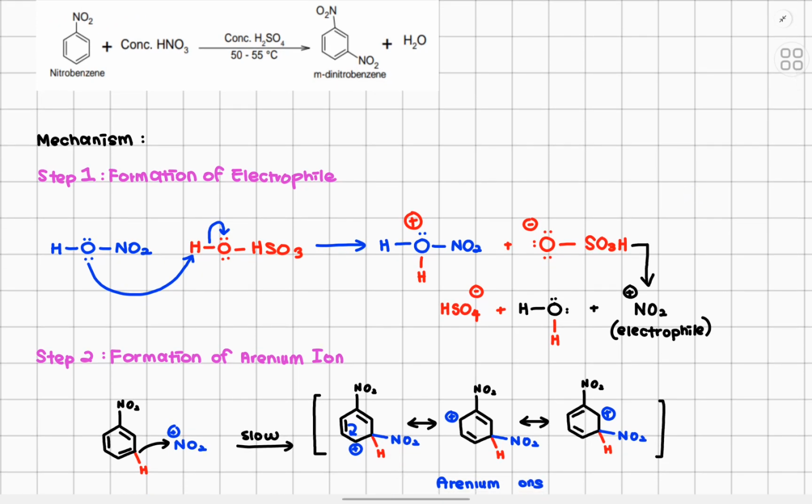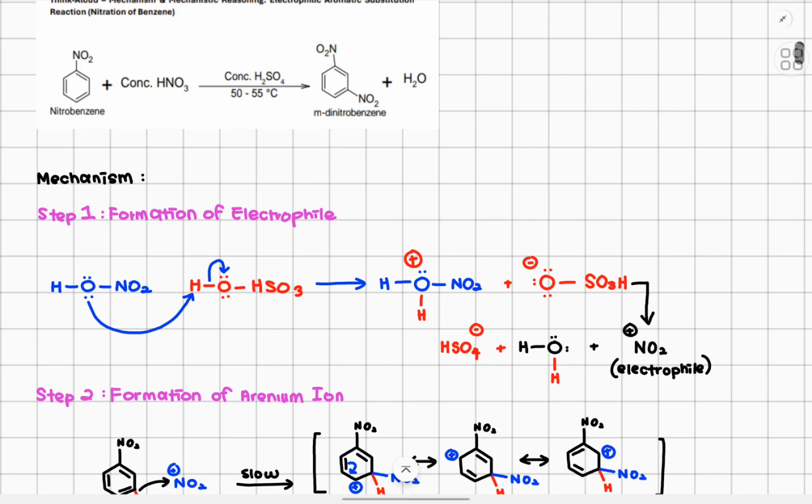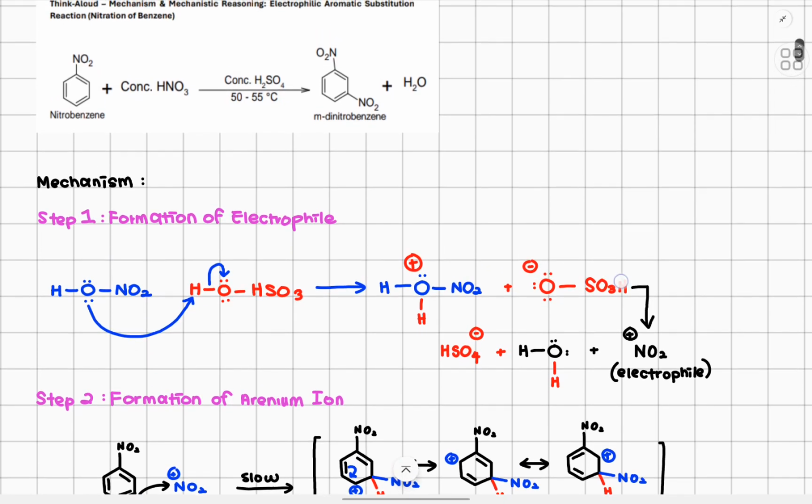First step is the formation of the electrophile. You only need to remember here that the formation of the electrophile will form two different electronegativity of oxygen ions, which is a partially positive oxygen ion and a partially negative oxygen ion.